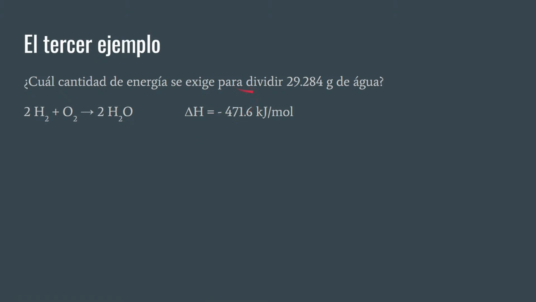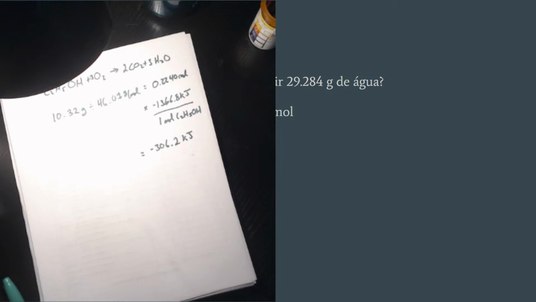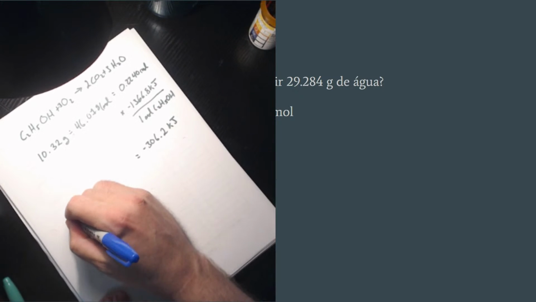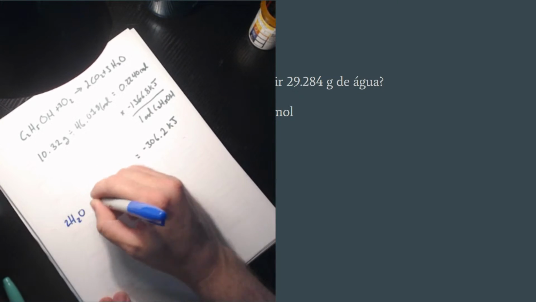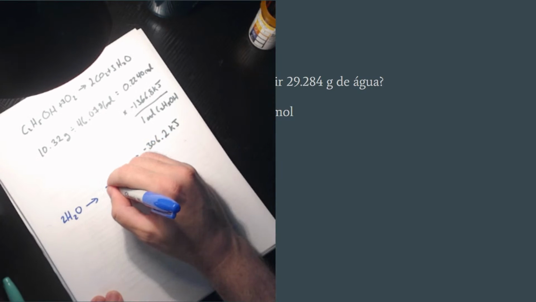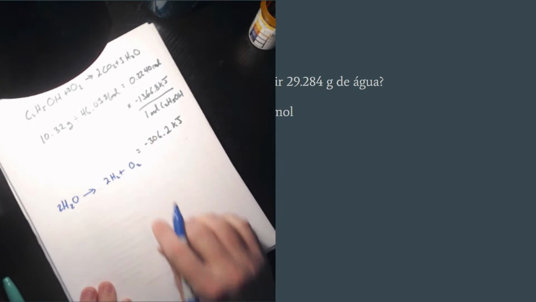But what I asked was, how much energy do we need to divide the water? So that means that the reaction is going to be reversed. So the actual reaction, the one we're looking at, is H2O splitting apart into hydrogen and oxygen.